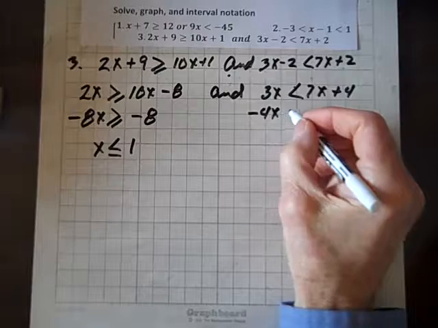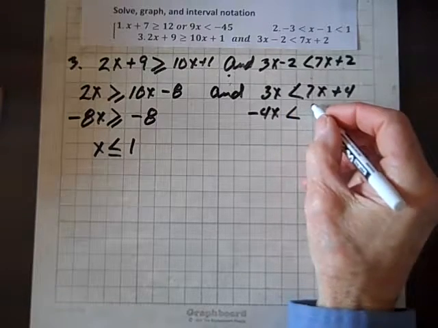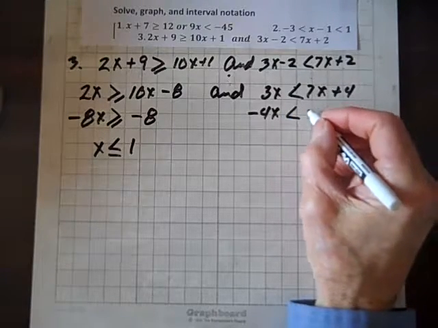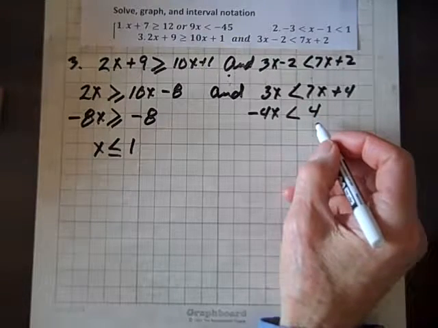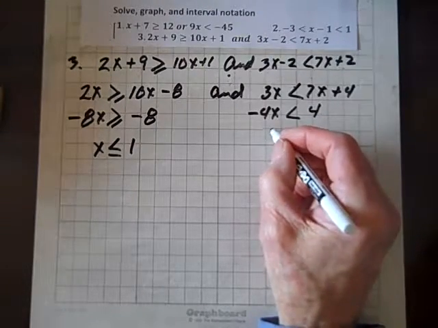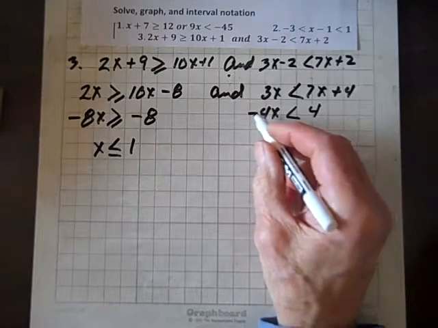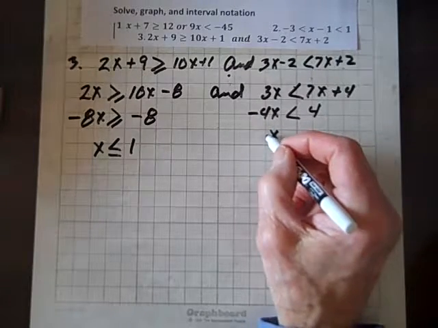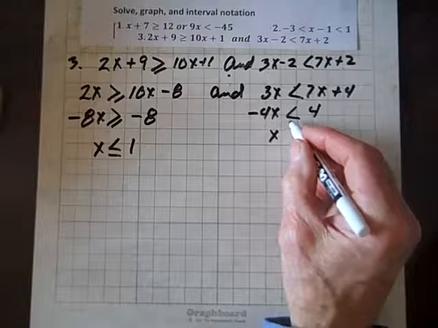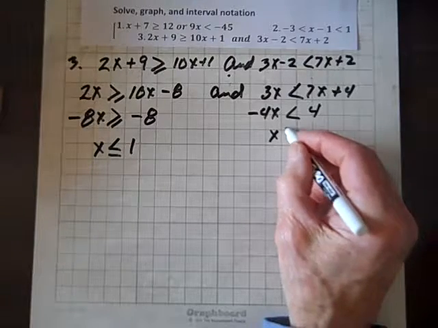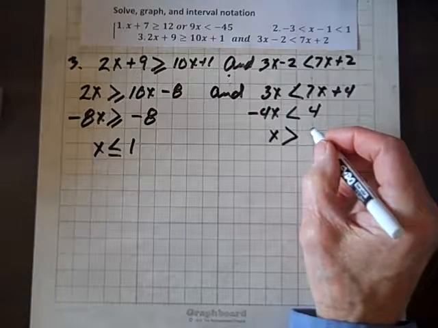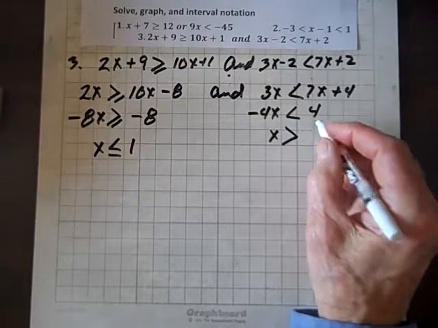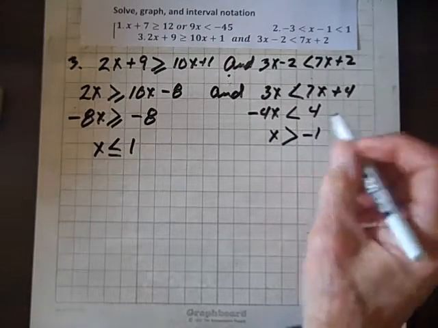And negative 7x plus 7x, they cancel out, and we're just left with 4. Now we'll divide both sides by -4, and -4 divided by -4 is 1, and 1 times x is x, but we've divided through by a negative, so we have to flip the inequality, and 4 divided by -4 is -1.